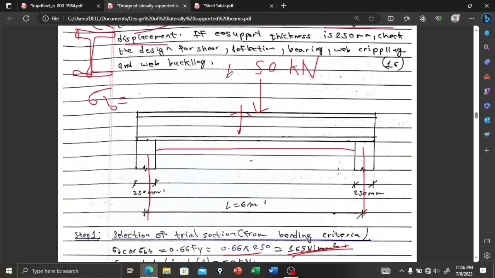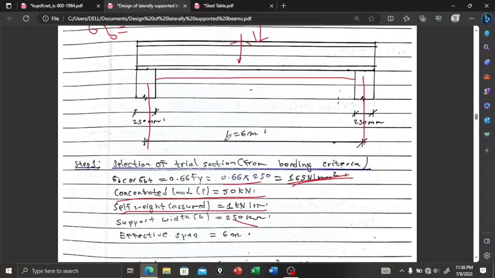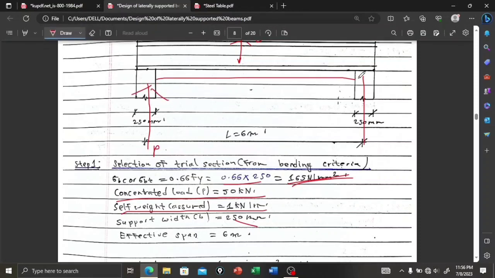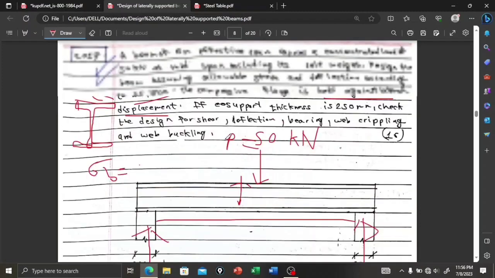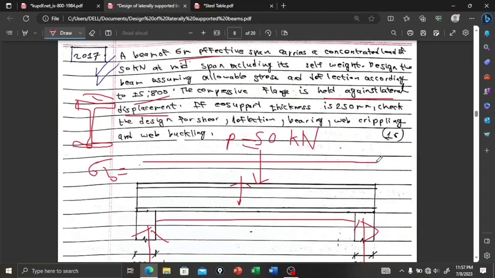This is P. It lies in the center, so here it is P divided by 2 and here it is P divided by 2, and this is L divided by 2 and L divided by 2.